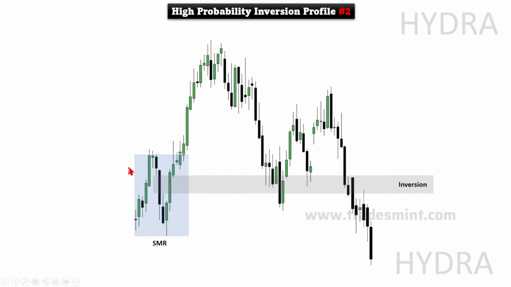It's not going to be profitable, but in this example, as you can see, price did give you an opportunity here, but it failed. Next time, did price close the candle body again below this inversion? No, it didn't, right? So price went up. Now this time again, price closed the candle body below here, and price gave you an opportunity here. Once you lost money here, you gained money here again.